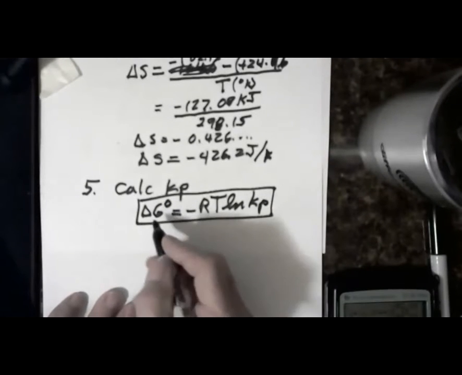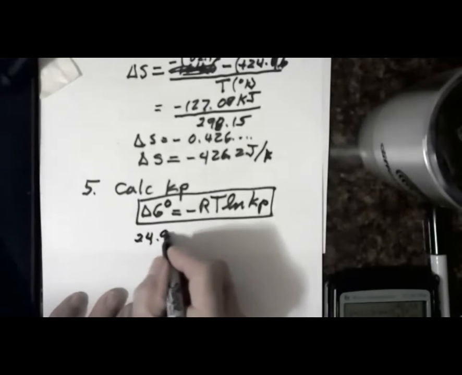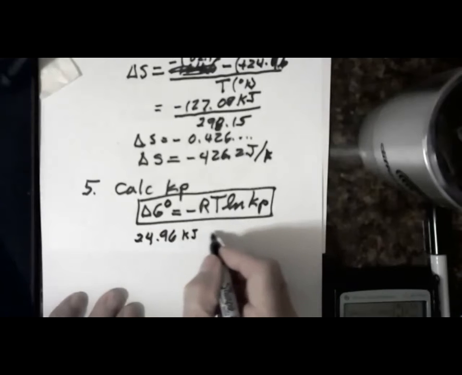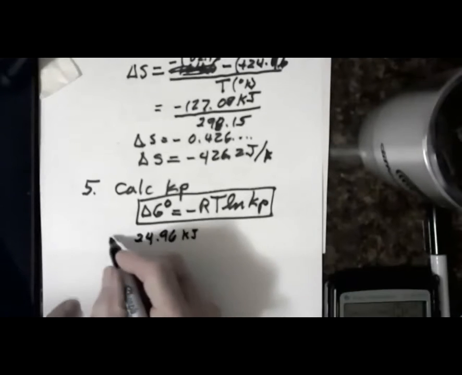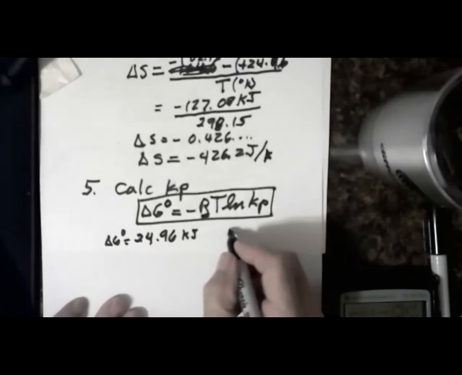Now we do have delta G calculated, and the delta G was 24.96 kilojoules, and okay, but I know I'm going to have to use R over here, and it's going to be in joules.